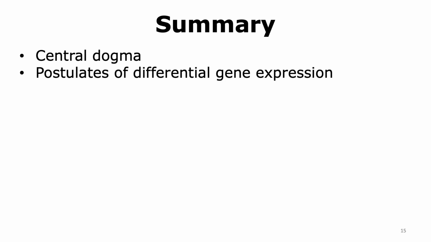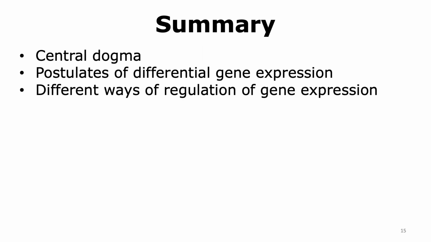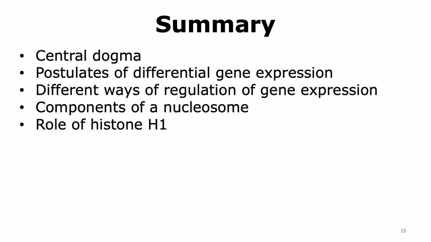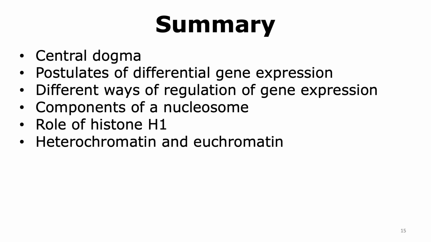With this, we come to the end of our talk, where we looked at the central dogma and postulates of differential gene expression. We also looked at different ways by which gene expression can be regulated and how DNA is packaged to form heterochromatin and euchromatin.